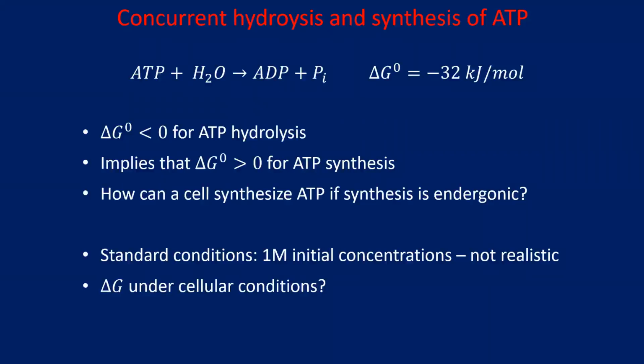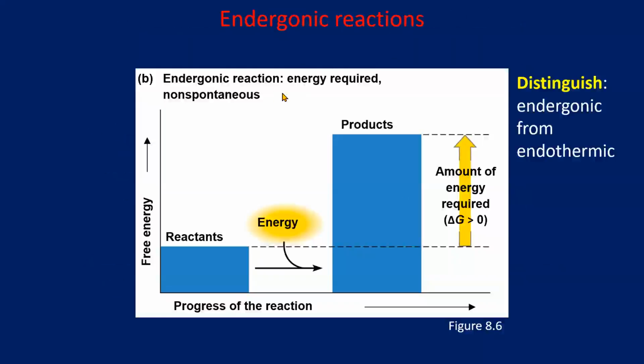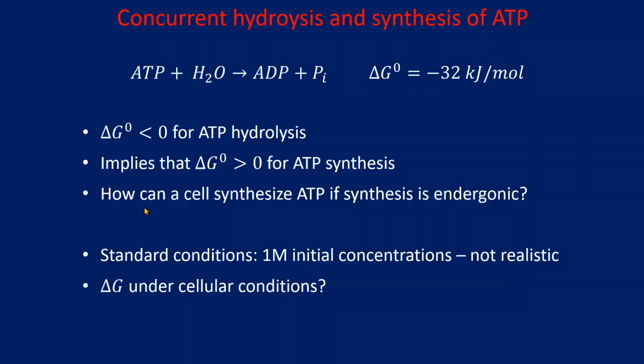That's your intuition. But then this is a very interesting question: how can a cell synthesize ATP if synthesis is endergonic? Endergonic is basically going to require a lot of energy, and here it's kind of a little paradox.